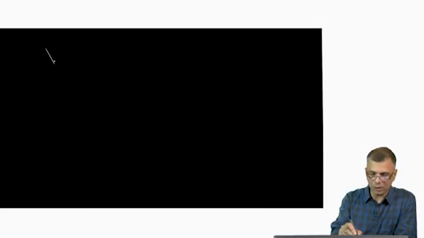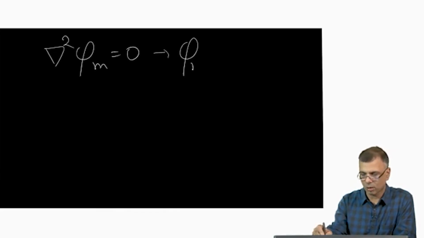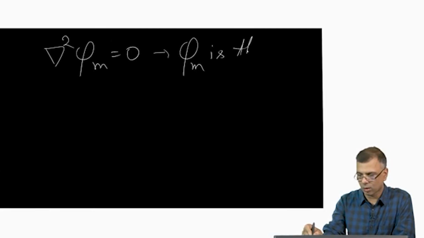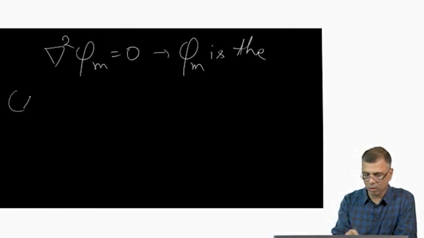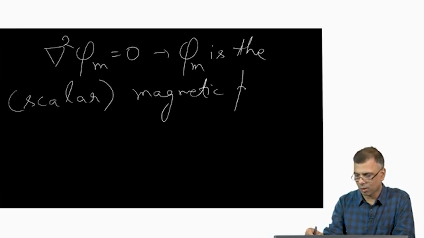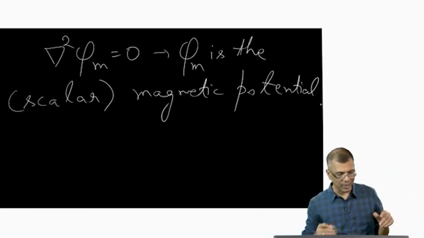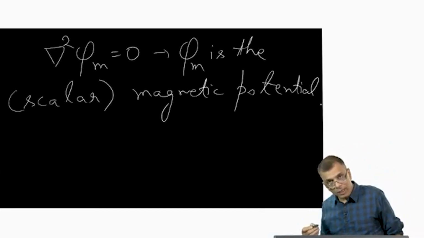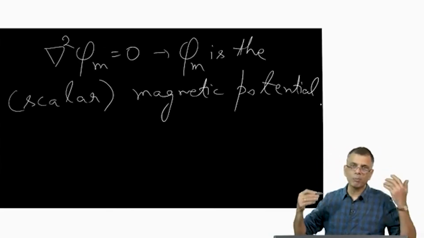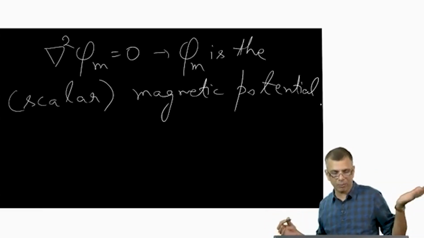The significance of this is that potential fields are the ones which have the minimum possible energy of all possible configurations for a given boundary condition.